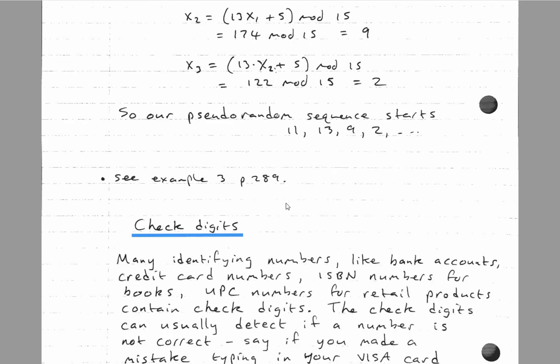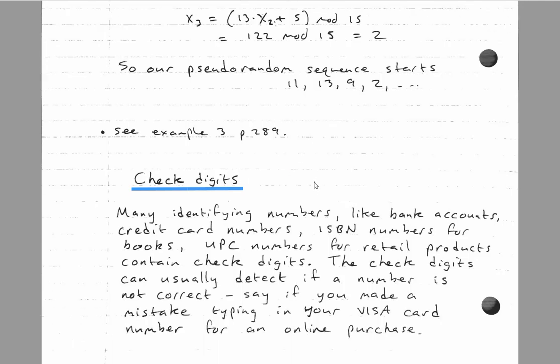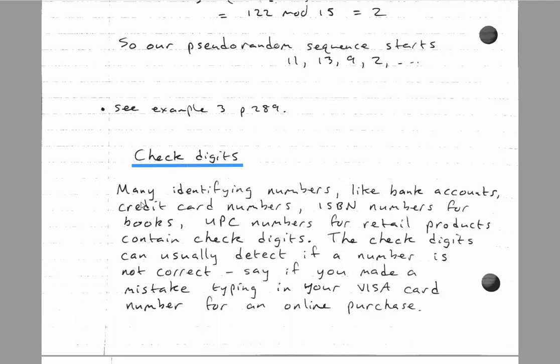Alright, and the last application of these congruences or remainders, that's check digits. So many identifying numbers, like bank account numbers, credit card numbers, ISBN numbers. If you look in the beginning of a book, you'll see it.